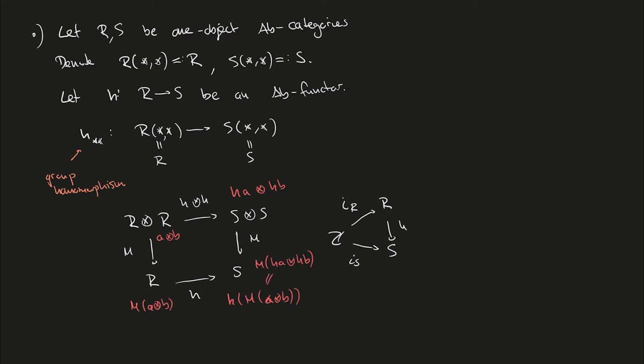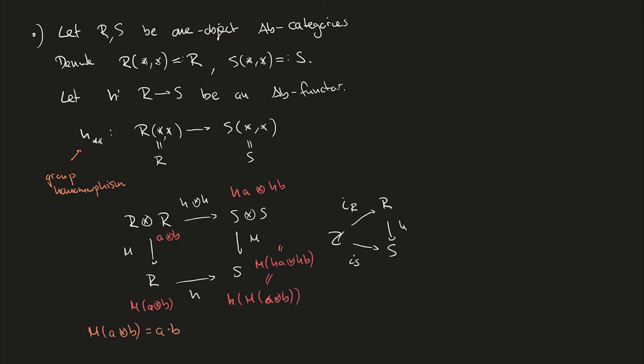Now we recall that the multiplication in the ring R was given by saying that m of a tensor b is just a times b, and the same holds for multiplication in the ring S. Using this fact, we can reformulate what this equation down here is saying.